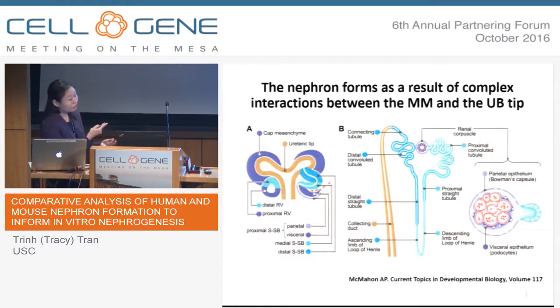The renal vesicle will further mature to become the S-shaped body, now segmented into 3 segments and connected to the ureteric bud. So together with the ureteric epithelium, the S-shaped body will give rise to different compartments of the nephrons. That is a really complex network.